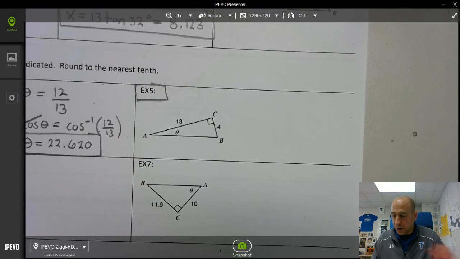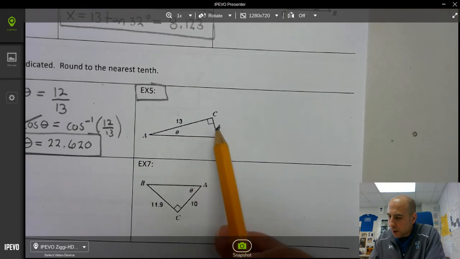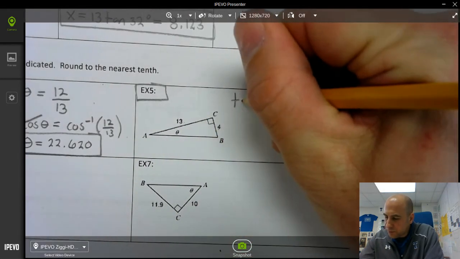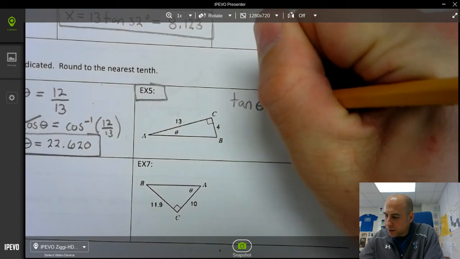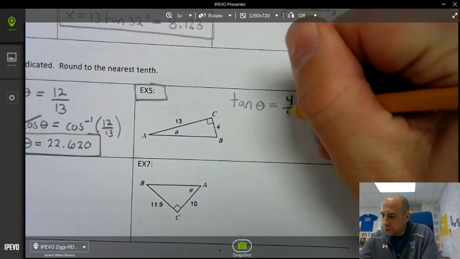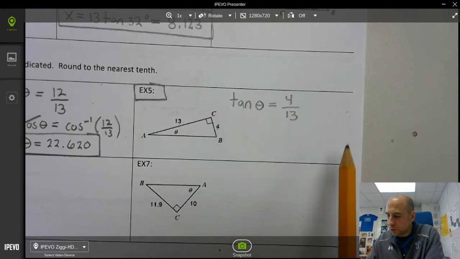Step 1 says choose which trig ratio to use. It looks like we have opposite and adjacent, so we're going to use tangent. So tangent of theta equals opposite, which is 4, over adjacent, which is 13. Now step 3, solve for the angle using inverse ratio. So we're going to take the tangent inverse of both sides.